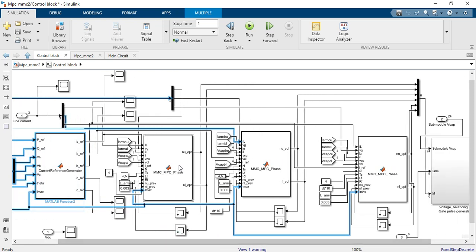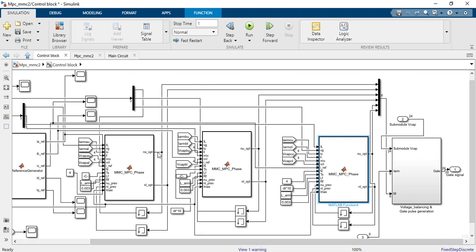Then we have three different phase calculators, right? They give us NU optimum and NL optimum, and they all go into here, which is the modulating signal for each upper arm and lower arm.